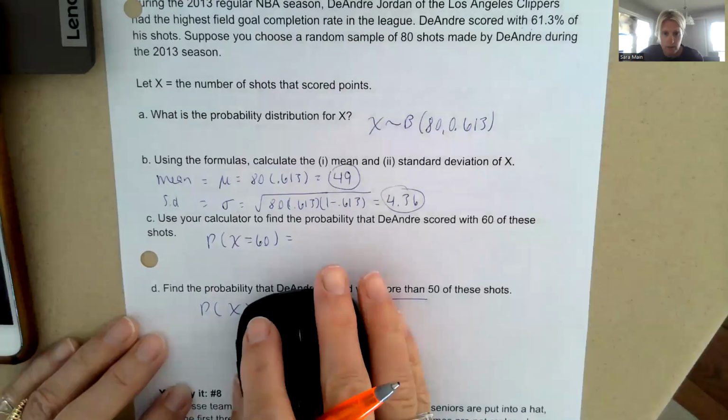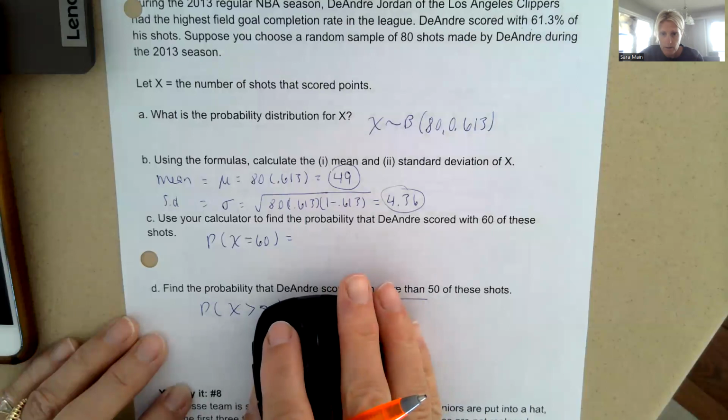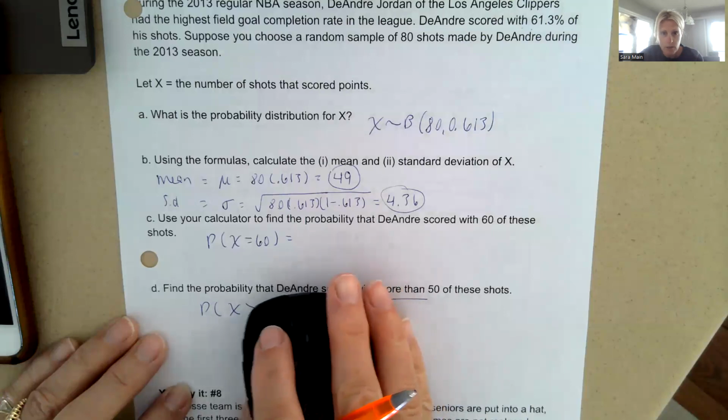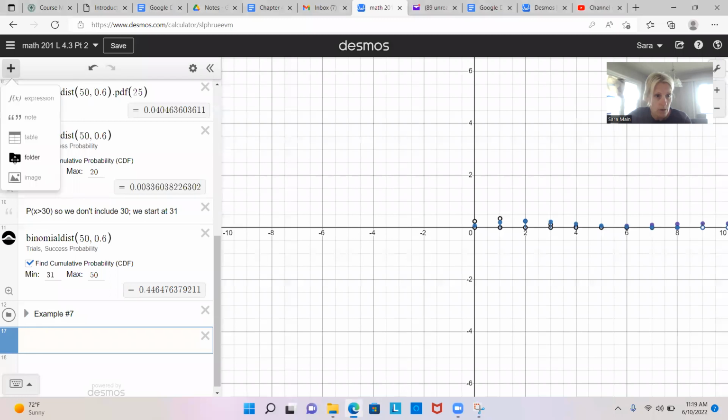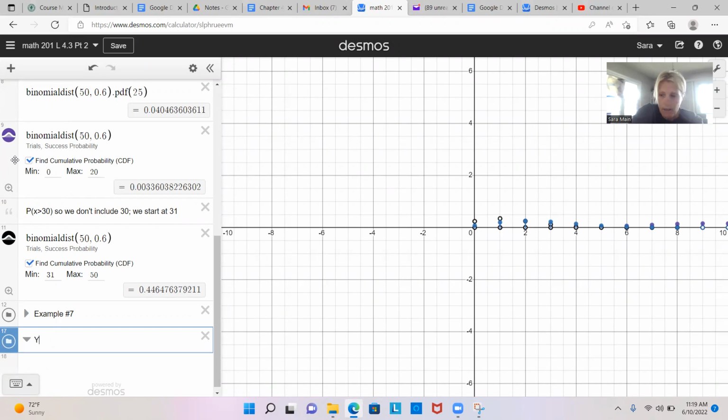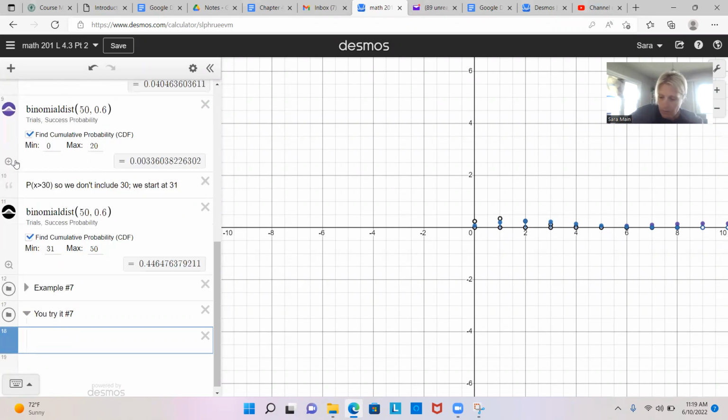So let's go ahead to Desmos here. I'm going to do another folder, number 7.